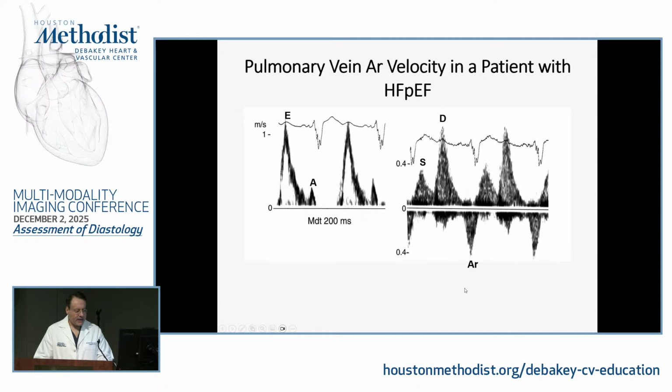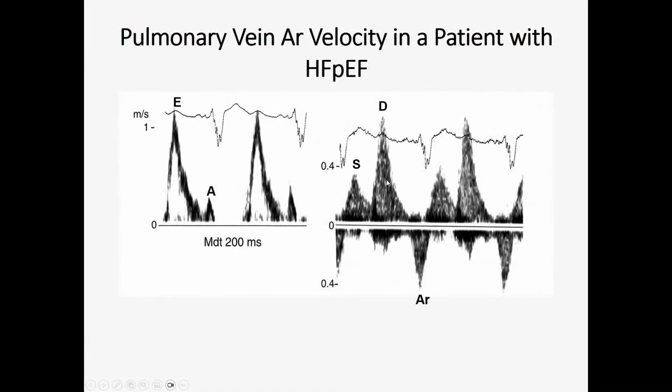Another signal recommended in the guidelines is the pulmonary vein. This slide shows the atrial reversal velocity, but now I want to talk about flow into the atrium during systole and diastole. As left atrial pressure goes up, the proportion of forward flow during diastole exceeds the proportion of forward flow during systole.